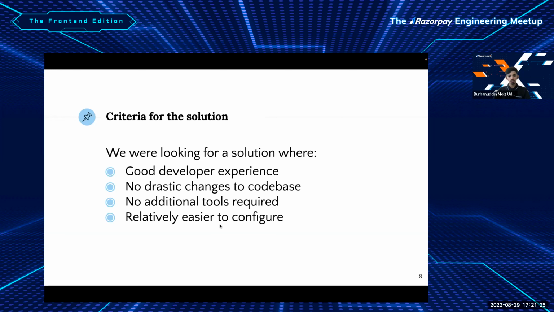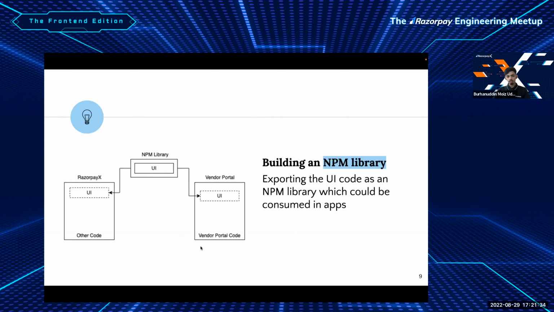And obviously one given is that there should be the ability to share code between whatever packages we are creating. So the first thing that satisfied all the criteria that we thought of was building an npm library.